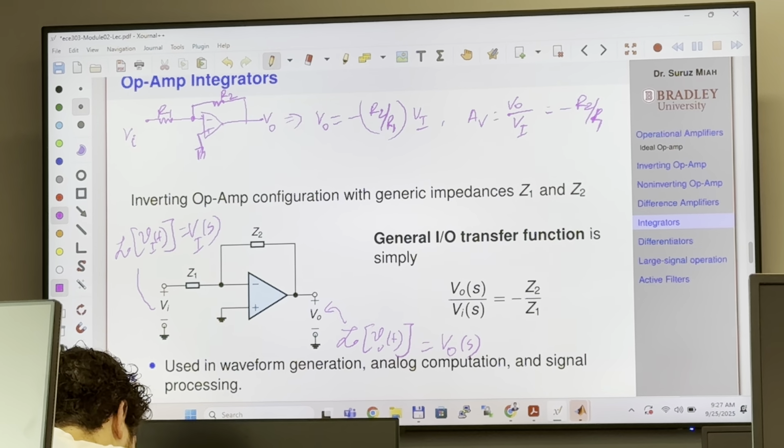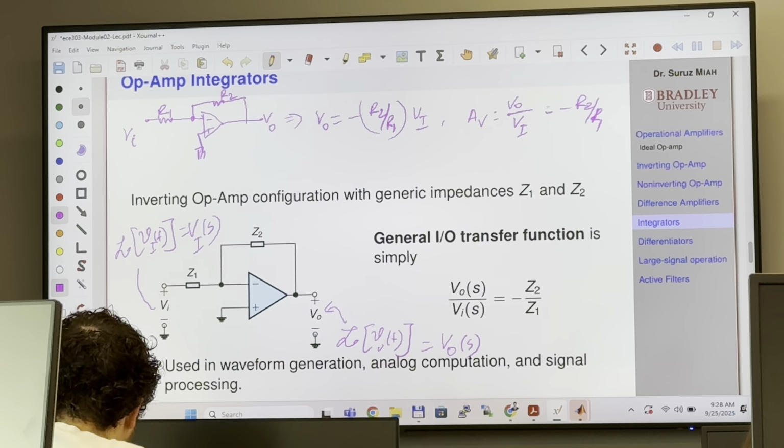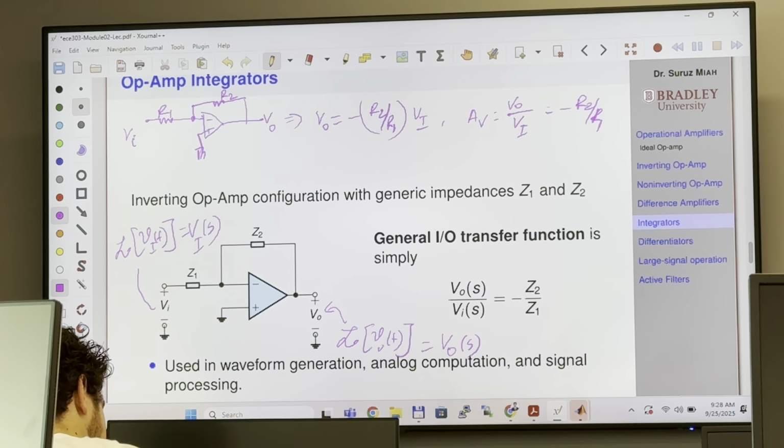Because we will be working with capacitors, inductors, in the feedback we will have capacitors, you will see the moment. We have capacitors, so we will be putting impedance instead of resistance because a capacitor has impedance, not resistance. It has an imaginary component.